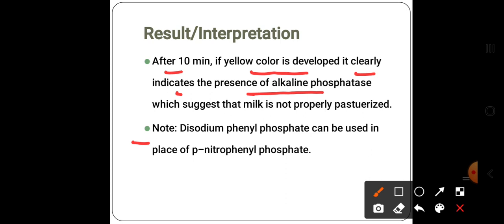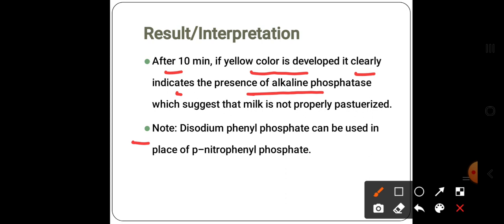Now what are the disadvantages if alkaline phosphatase is consumed by humans? Alkaline phosphatase is harmful for the liver if we consume unpasteurized milk. It can damage our liver, which makes that type of milk unsafe for humans to consume.